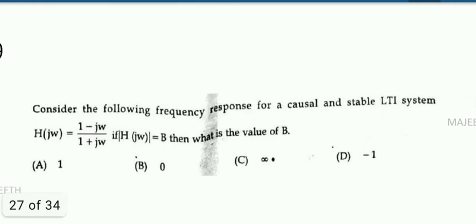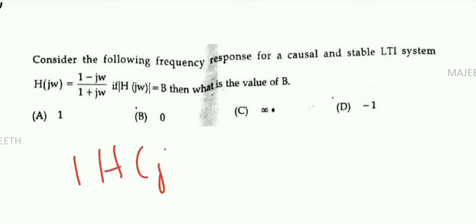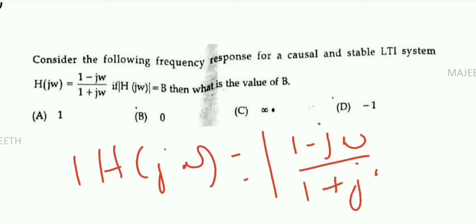Consider the following frequency response for a causal and stable LTI system: H of j omega is equal to 1 minus j omega divided by 1 plus j omega. If the modulus of H of j omega is equal to b, what is the value of b? Simple one. The modulus of H of j omega is the modulus of 1 minus j omega divided by the modulus of 1 plus j omega.